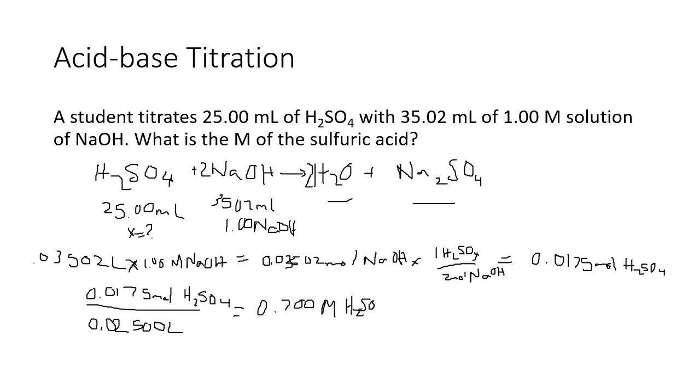And I said I was going to prove to you that stoichiometry mattered in these problems, and I am about to do so. So if I did M1V1 equals M2V2, if I said 35.02 times 1 is equal to 25 times x, I would get 1.40 molar.